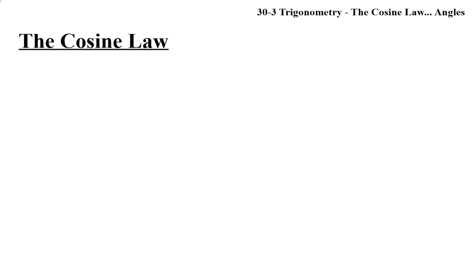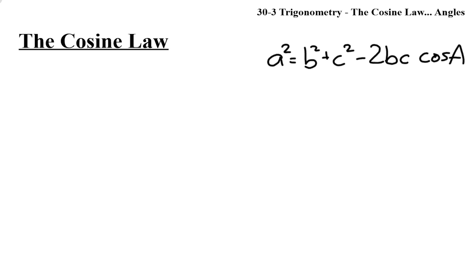Last period, we talked about cosine law and how it is a formula that is used to calculate a side length. We can calculate a side if we don't have a right angle triangle.